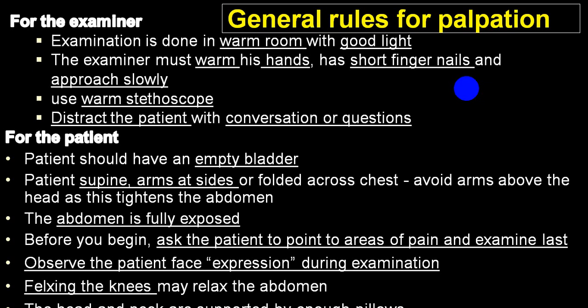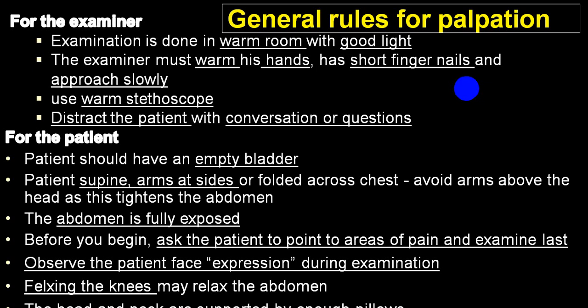Abdomen should be completely exposed right from xiphisternum up to pubic symphysis. Ask the patient to point to the area where he is having pain, and that particular portion of abdomen should be examined last in palpation. As such, we do palpation after auscultation, so by the time you already know where the tenderness is.